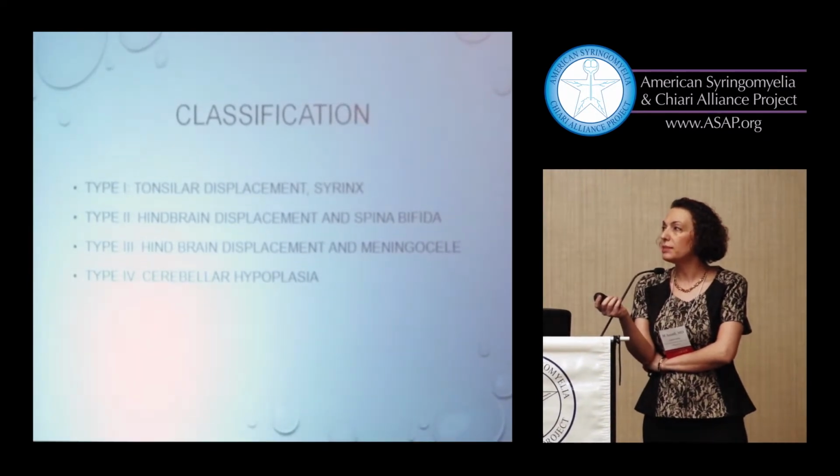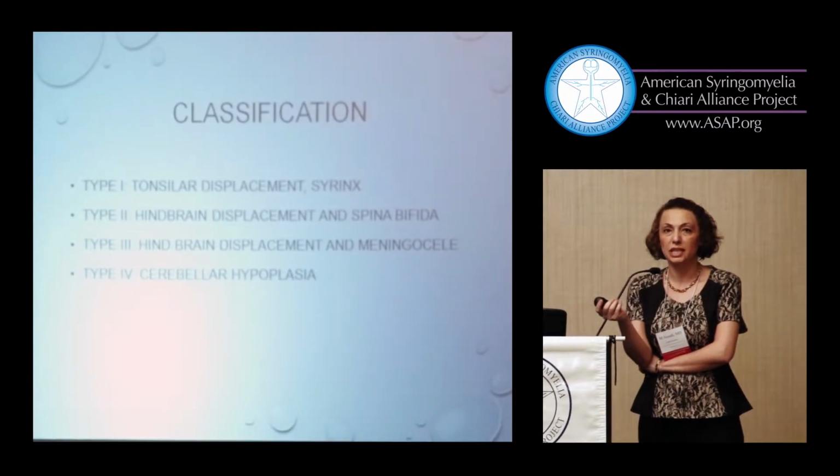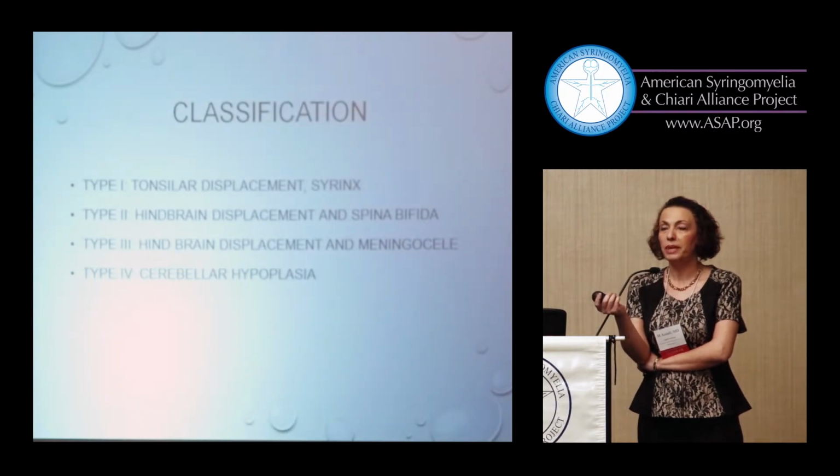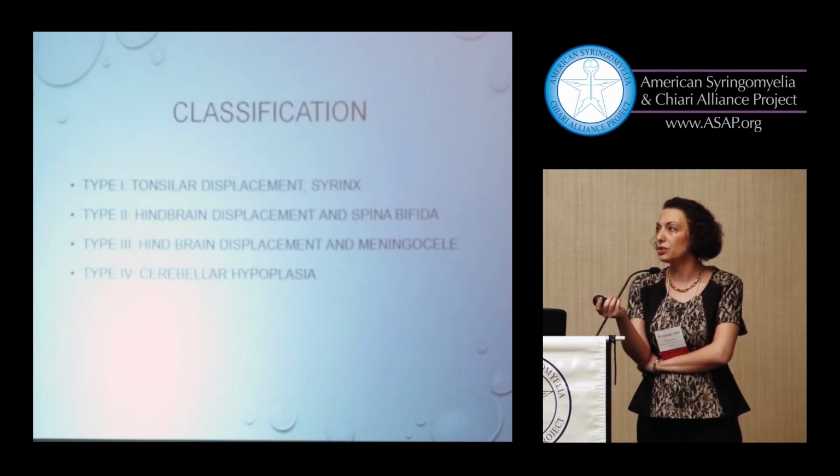And in types 2 and 3, in addition to the deformity, we have a bone defect resulting in meningocele and basically outpushing of the neural structures.